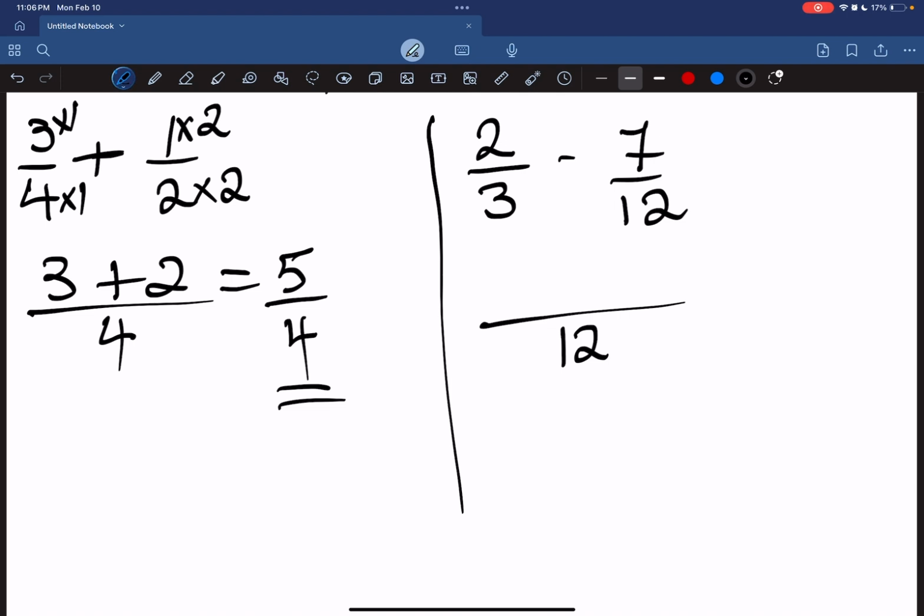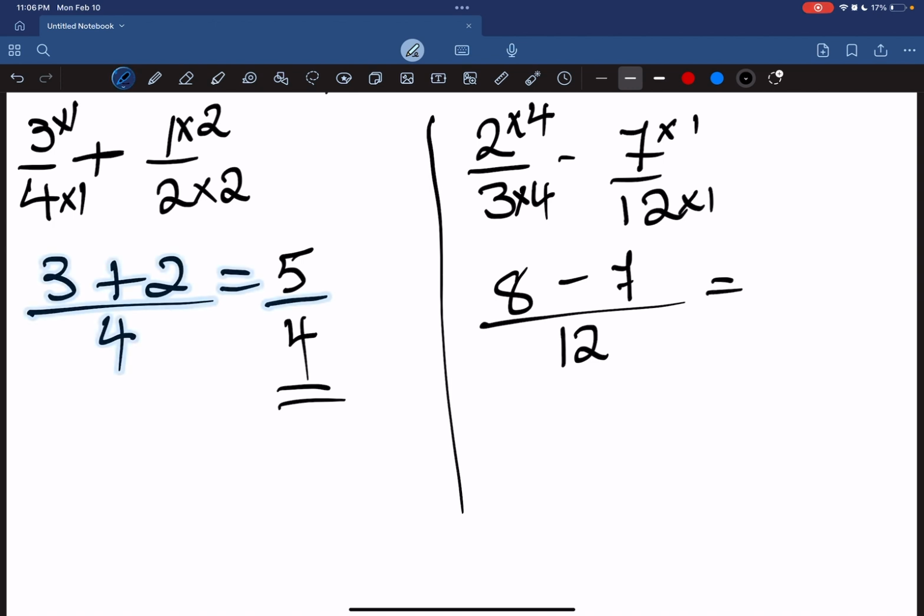So 3 into 12 goes 4 times. So multiply the numerator also by 4. 2 times 4 is 8. Minus, 12 into 12 goes 1 time, so multiply this also by 1. 7 times 1 is going to give me 7.